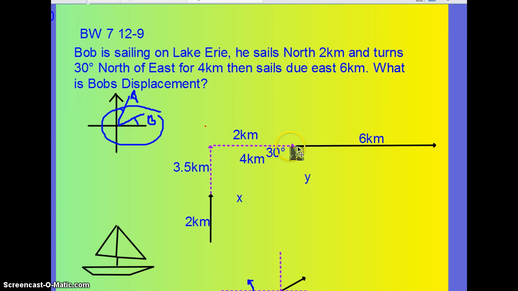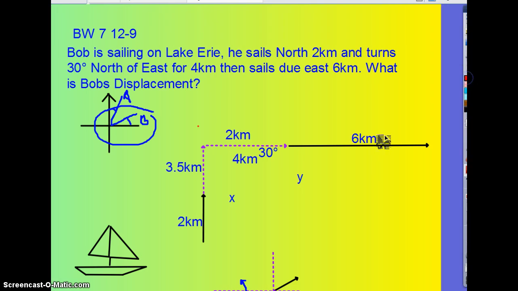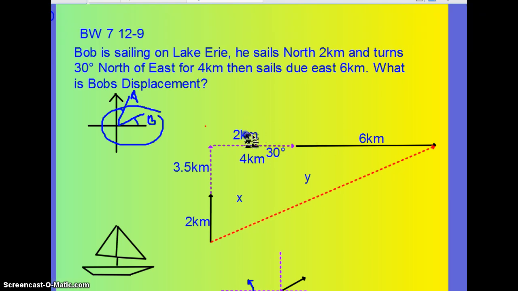By breaking it apart into two pieces, we can get rid of that one so you can see it. I very much recommend constantly redrawing your triangles as you go. Now I think it's something we can very much solve for right here. Did I move the numbers wrong? I totally moved the numbers wrong. I apologize. The 2 goes over here, the 3.5 goes there. If you're confused, that's my fault on that one.